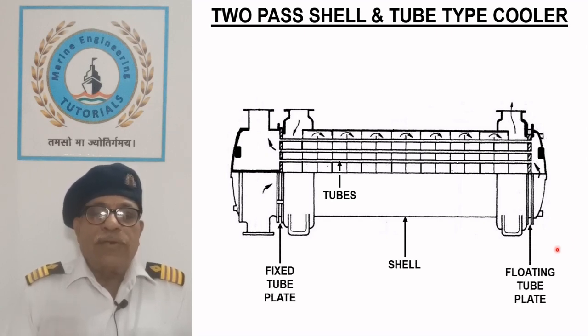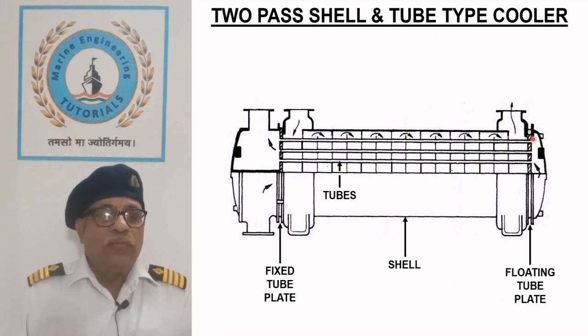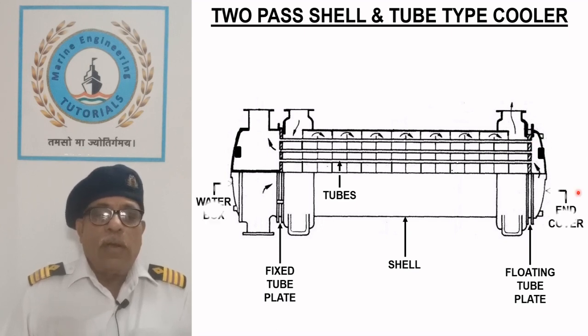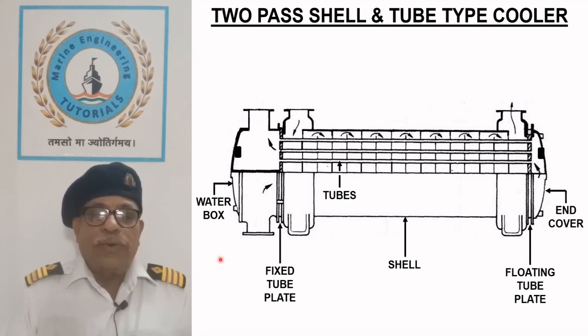The tubes are attached between a fixed tube plate and a floating tube plate which are sealed at both ends of the steel shell and provide expansion at the floating end. Headers or water boxes surround the tube plates and enclose the shell.